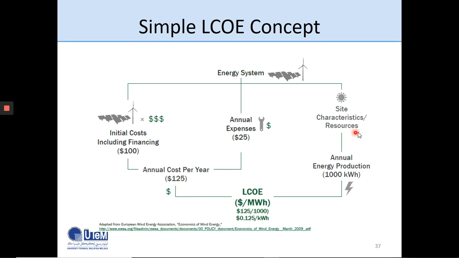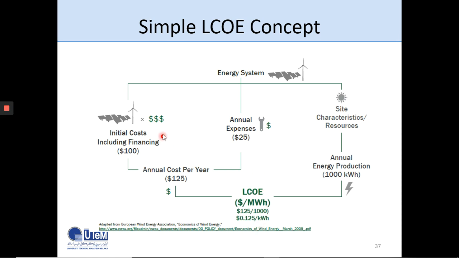Now, let's say for the site where we install the solar, we have an annual energy production of 1000 kilowatt hours. So the cost is 125 per year and the total energy is 1000 kilowatt hours per year. So we simply divide 125 by 1000 and we get $0.125 per kilowatt hour, or 12.5 cents per kilowatt hour.